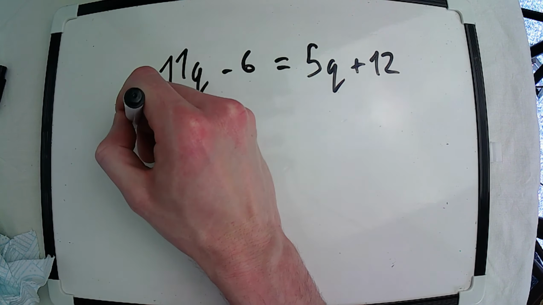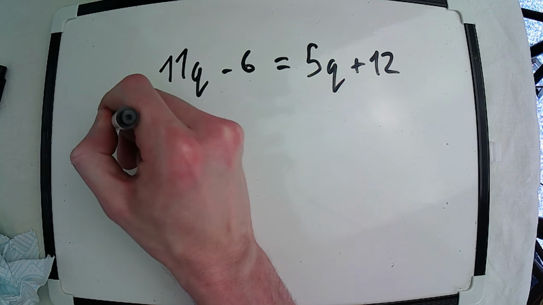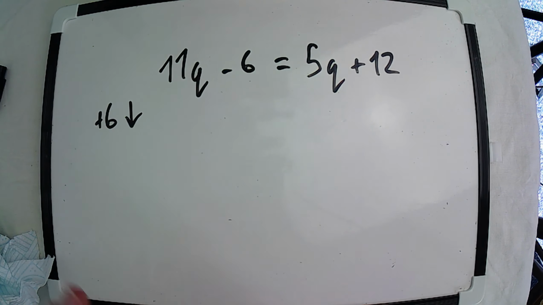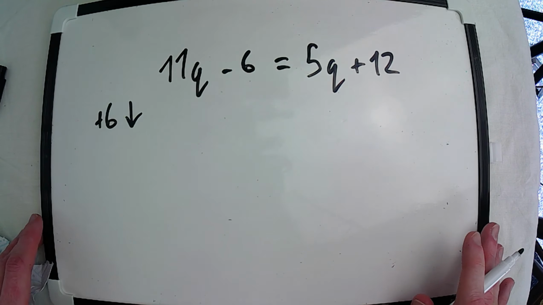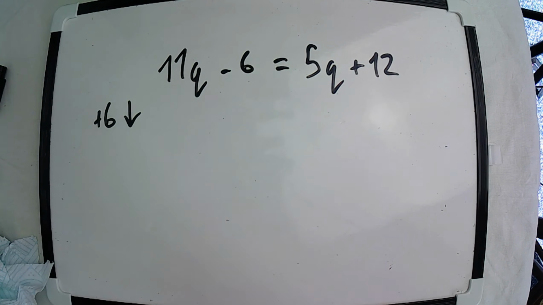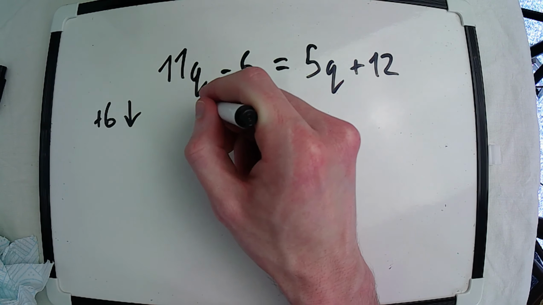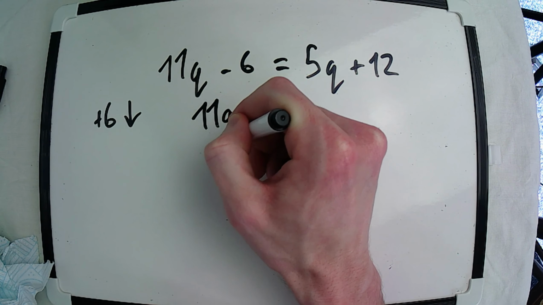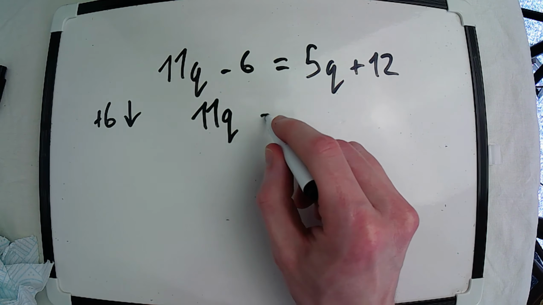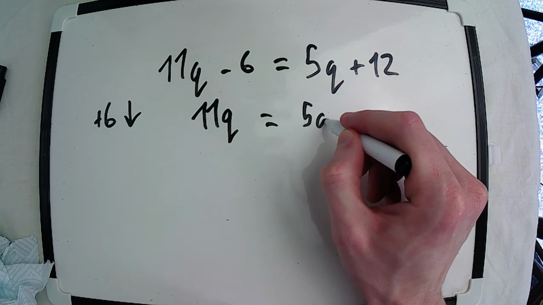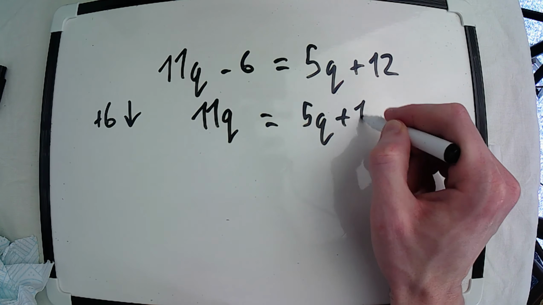Let's switch to this side. So we'll add 6 to both sides. I'm only putting it on this side, but you must do it to both sides of the equation to preserve equality. So 11q minus 6 plus 6 becomes 11q. 5q plus 12 becomes 5q plus 18.